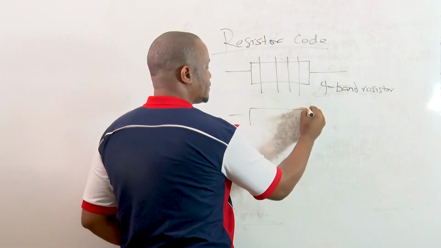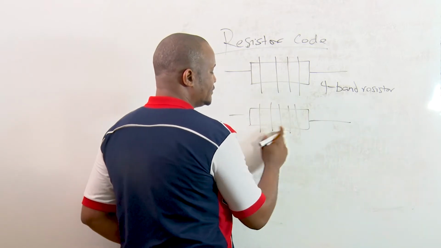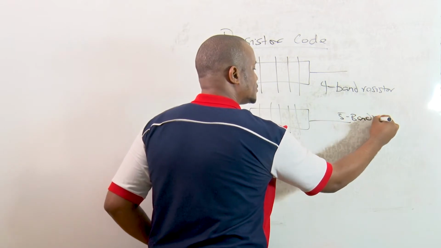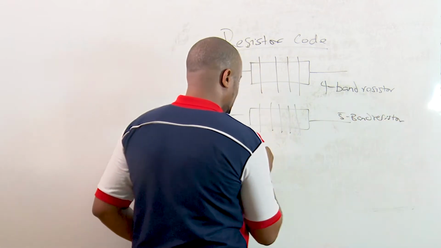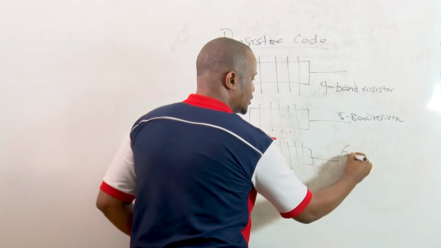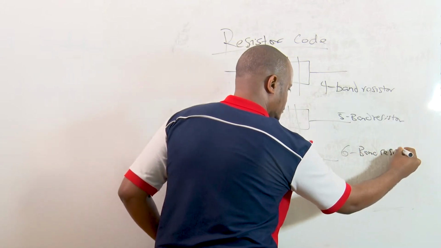You can have some resistors that have about what? 5 markings. And if there are 5, it's known as what? A 5-band resistor code. Now we also have one that's about 6. So those are also 6-band resistors.